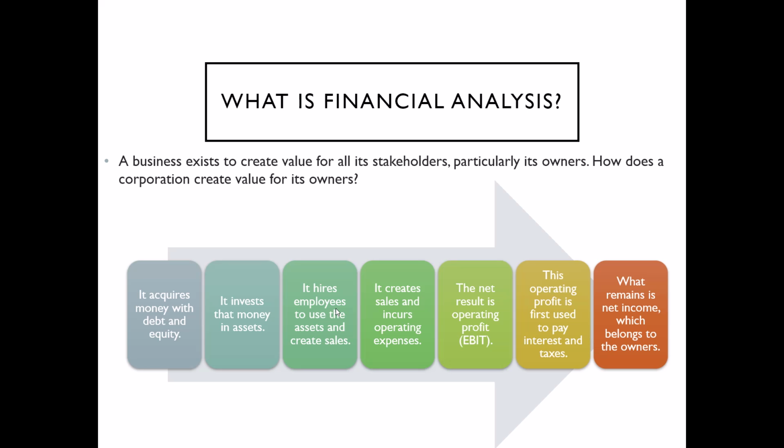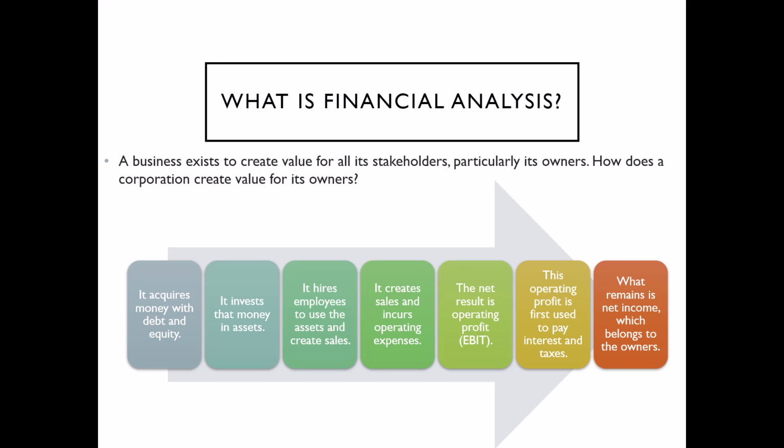So how does a company create value? Well, they obviously make revenue. They acquire equity as well as some debt, and they invest their assets. They hire employees, which are also considered assets, and they generate that revenue. They'll also incur some operating expenses. I think that's a huge thing you can look at with a company, in terms of how efficiently they're operating and how they're managing their expenses.